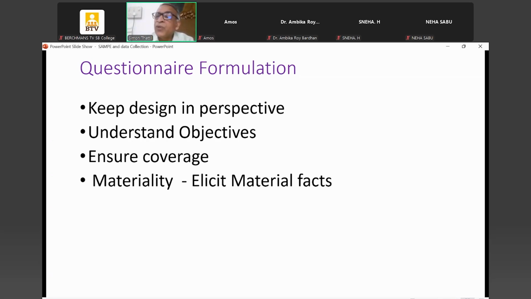Otherwise, you'll see some questions which are never addressed, some questions which have no relationship with any objective, some questions on which no further analysis is done. Your research tool is used as evidence of validity and is also put along with your research report. And somebody will say, this question was asked, but it is not coming anywhere. So that's what materiality is addressing.